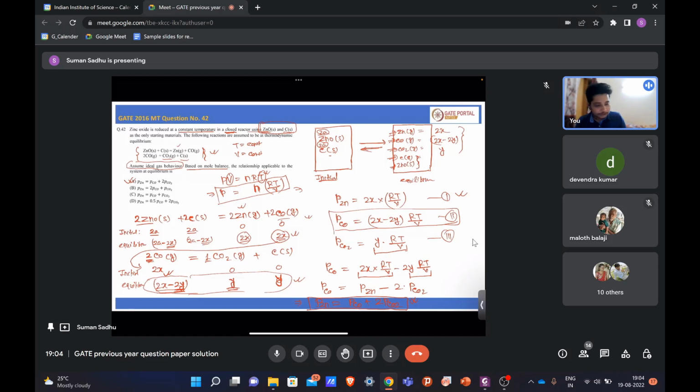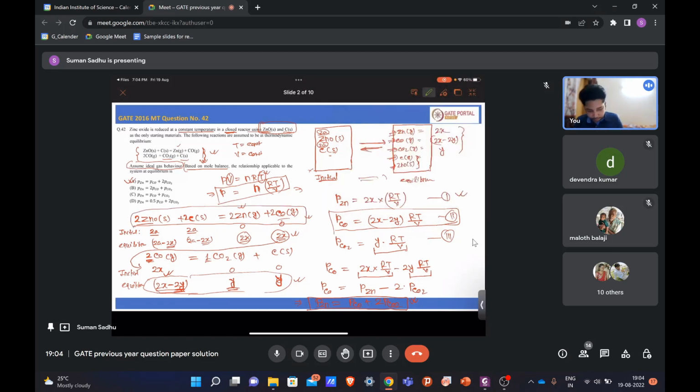Now the first step to approach this question will be to do the mole balance. Even in the question it is mentioned that you have to do the mole balance. So you simply write these two equations and do the mole balance.